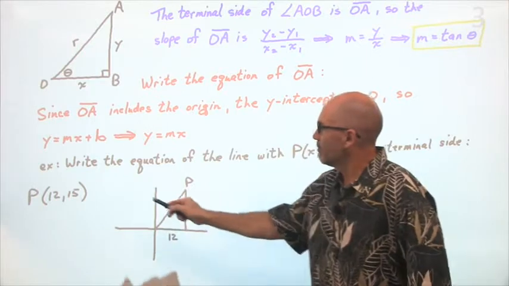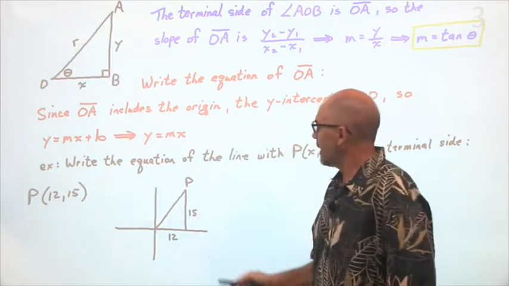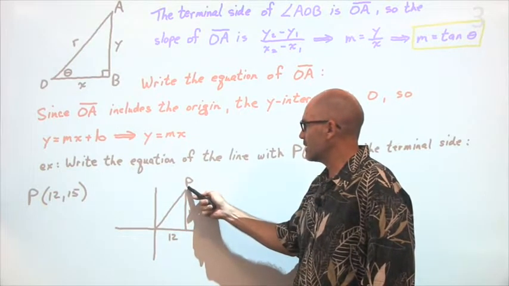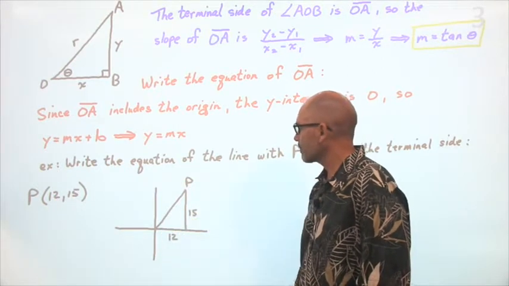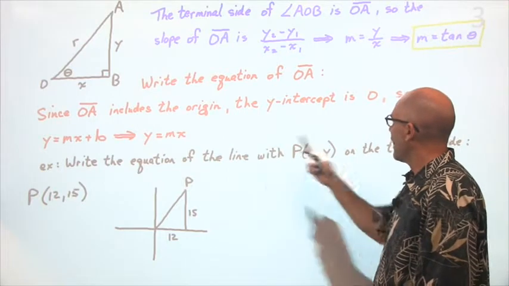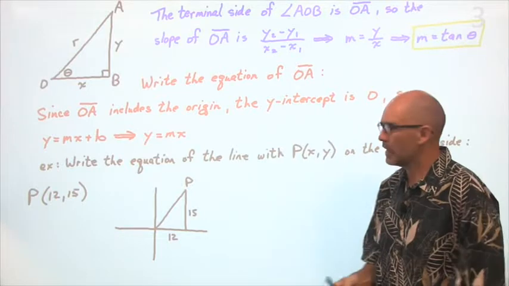So here's my first example, the point is 12, 15. So that means I go right 12, up 15, and I'm at my point that's on the terminal side of this angle. So I want the equation of that line that includes P and goes through the origin.